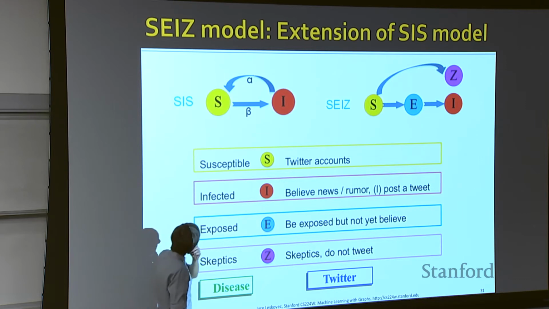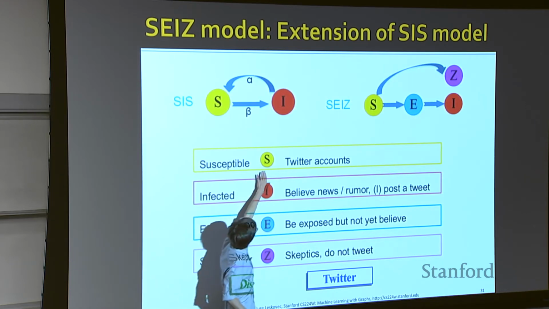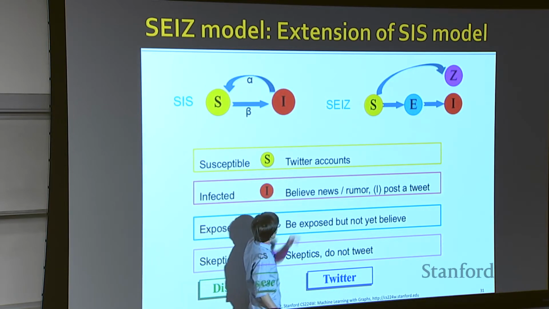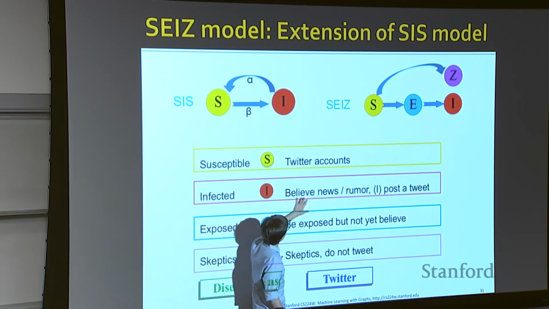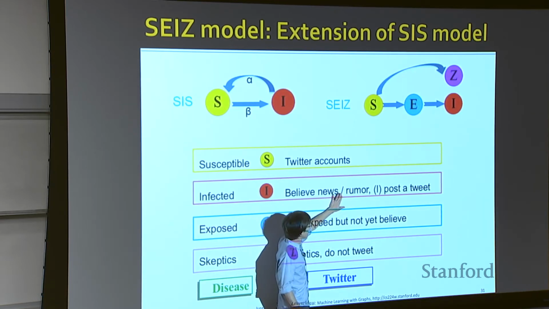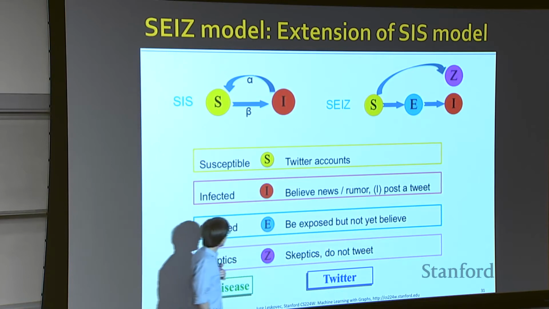You could think of this in the context of Twitter: you have susceptible users, these are Twitter accounts. A person is infected if they believe the news or the rumor and maybe even retweet it.